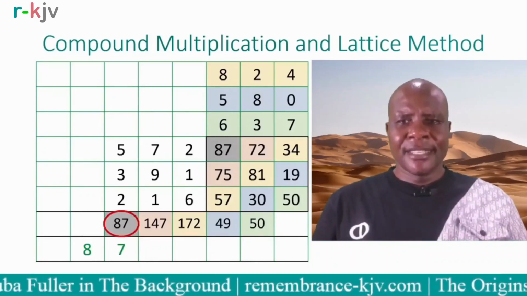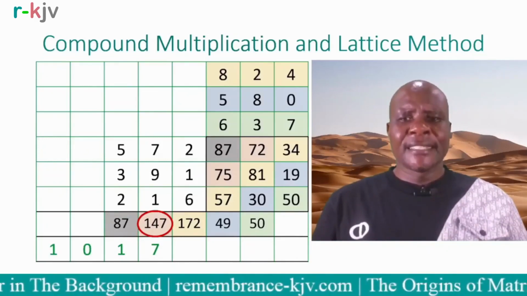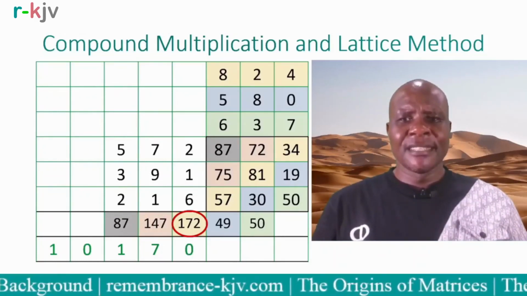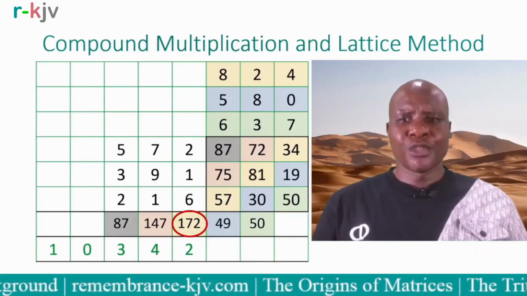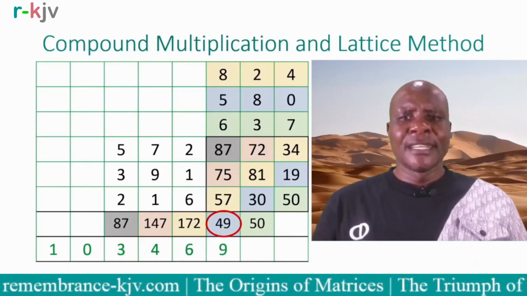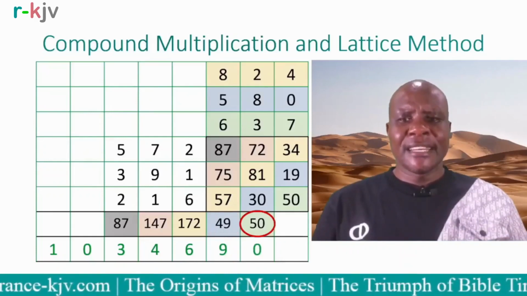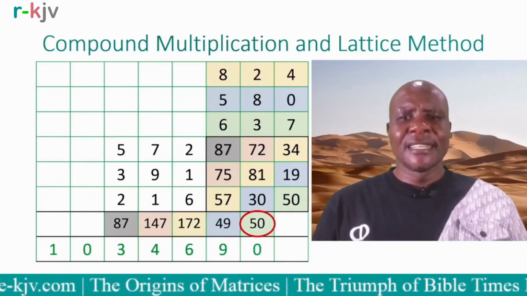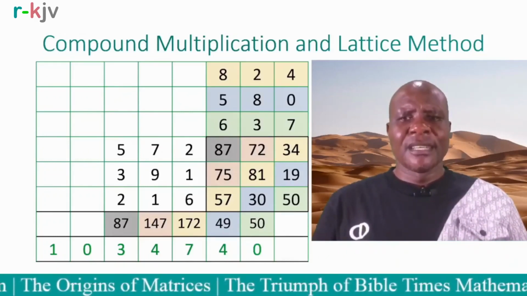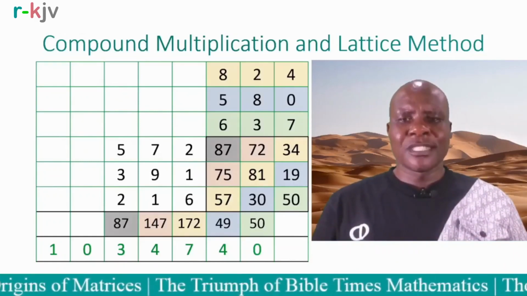It's 87, 870, 1017, 10170, 10342, 3420, 3469, 34690, 740. This is our final answer. 740.